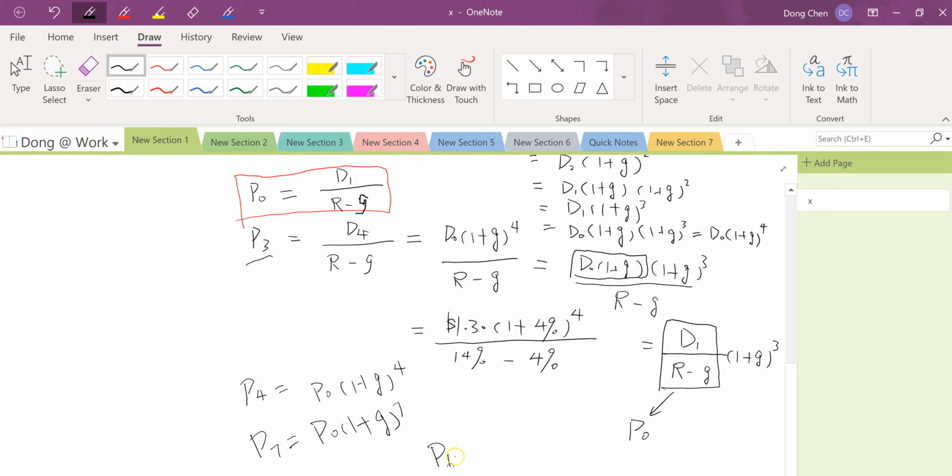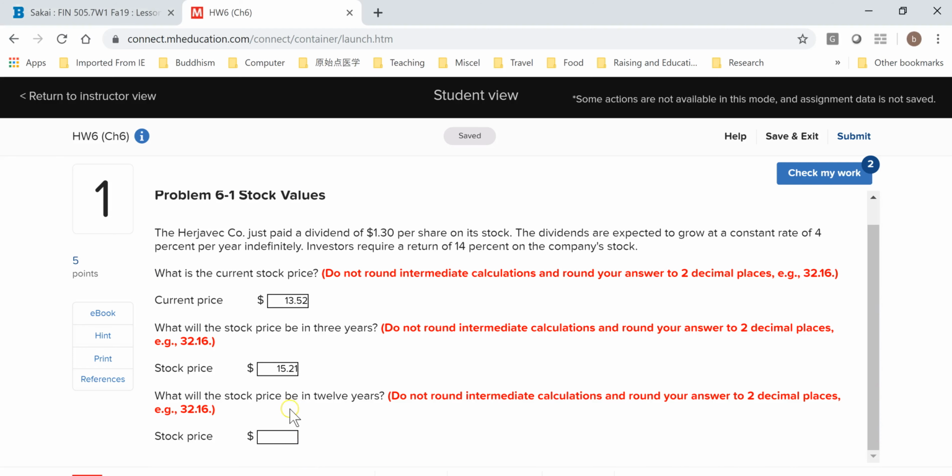And P1000, 1000 years later, will be P0 times (1 plus g) to the 1000th power. So that's simply the rule. That's why this small g is also called the capital gains yield.